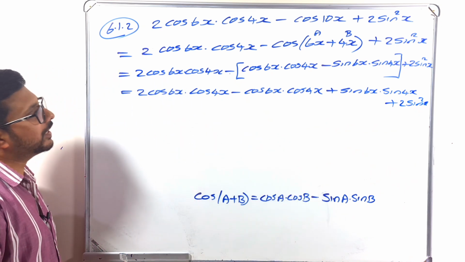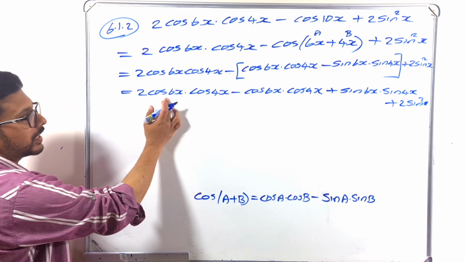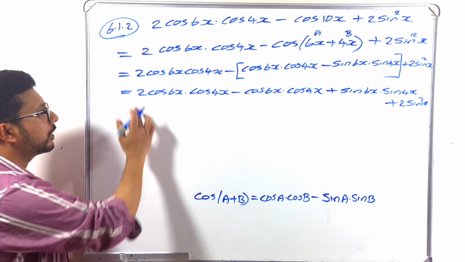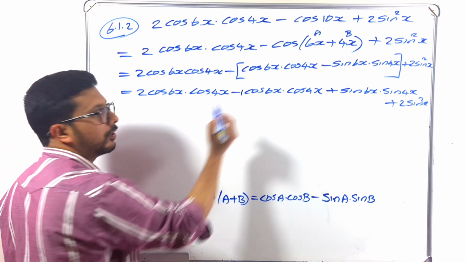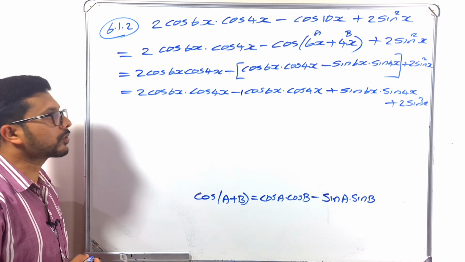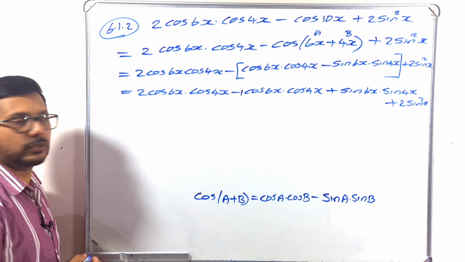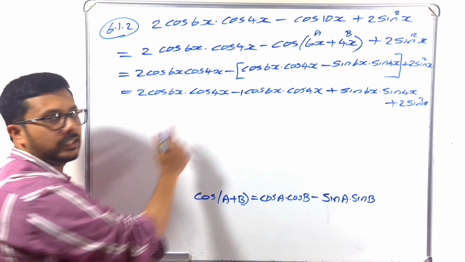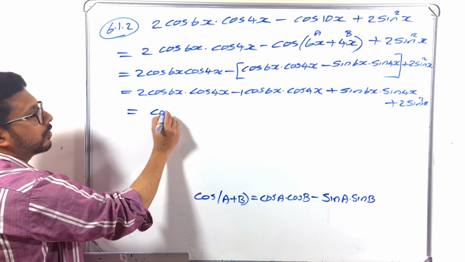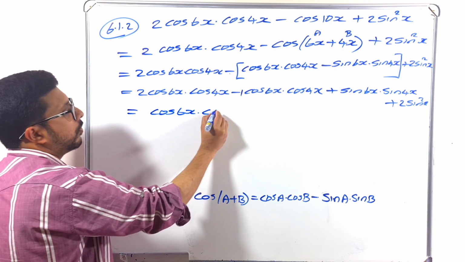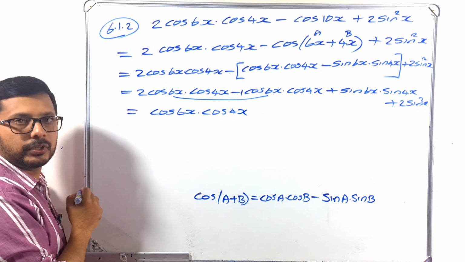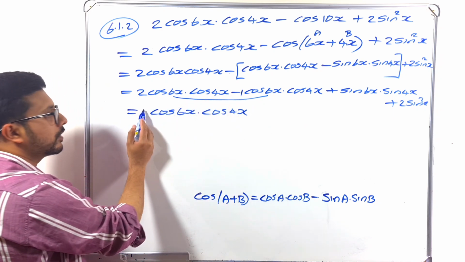Here 2 cos 6x cos 4x and cos 6x cos 4x, these two are like terms, am I right? Here 2, and here what is the number? 1. So when you subtract, 2 minus 1 is 1.